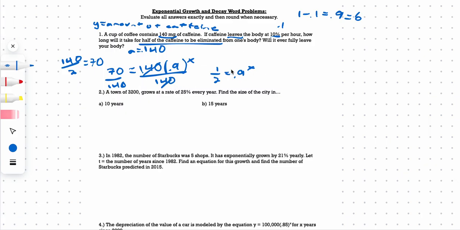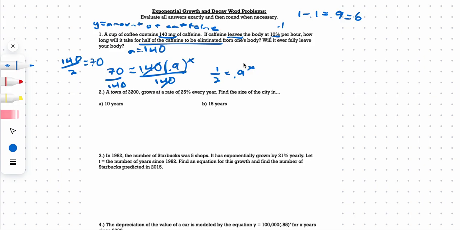From here, we could use logarithms. We could just say log base 0.9 of 1/2. But in this case, what we might want to do is just guess and check, because technically we have not learned logarithms yet. So I'm just going to start plugging in things.